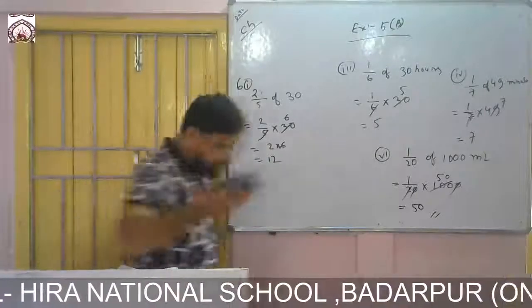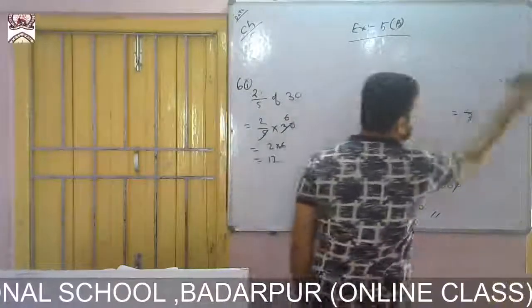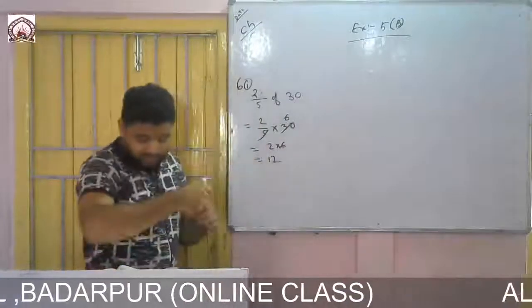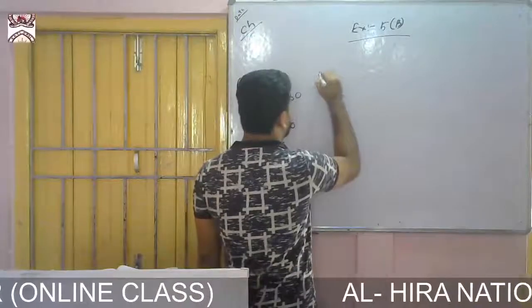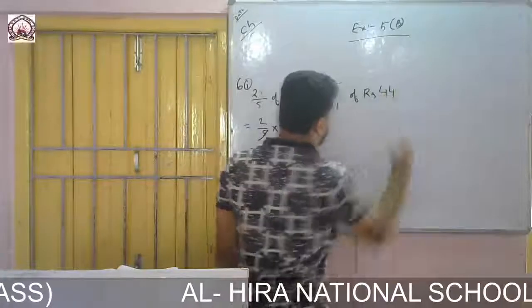Now come to question number 2. So question number 2 is what? 3 by 11 of rupees 44.